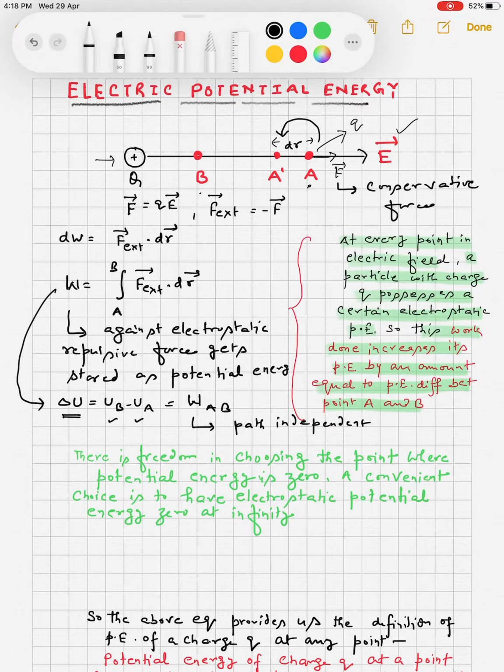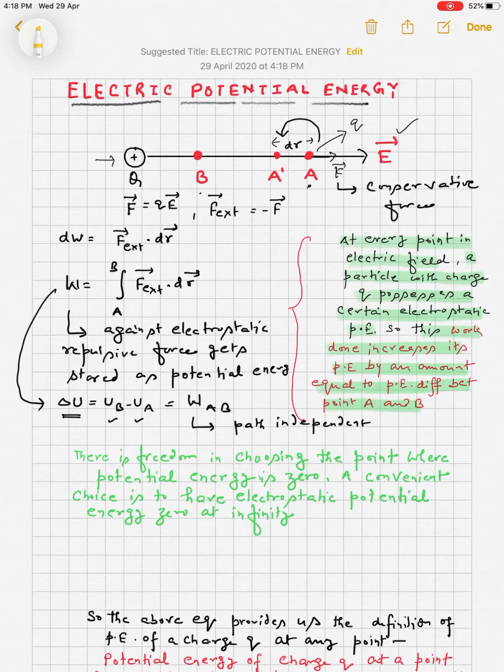So here is a formula for change in potential energy. Now there is a freedom in choosing the point where the potential energy is zero. A convenient choice is to have the electrostatic potential energy zero at infinity.